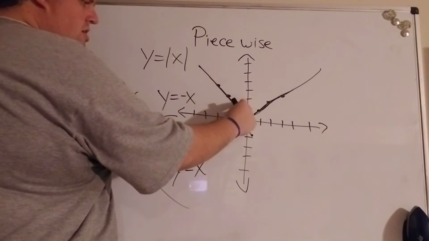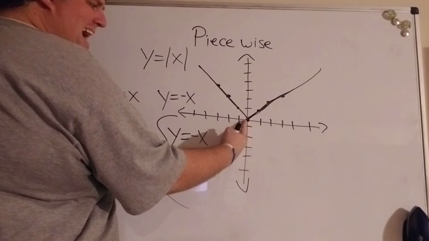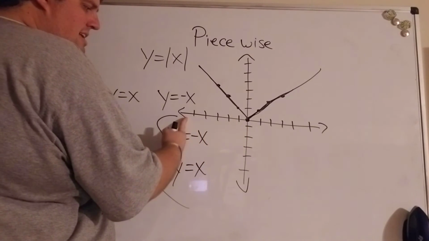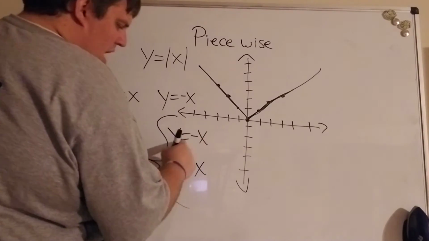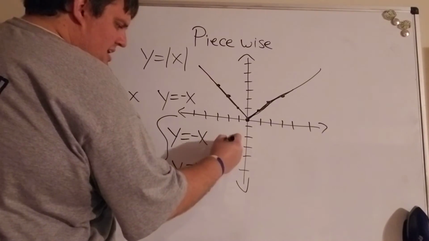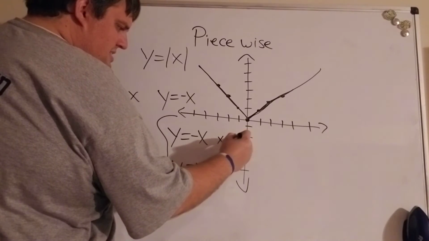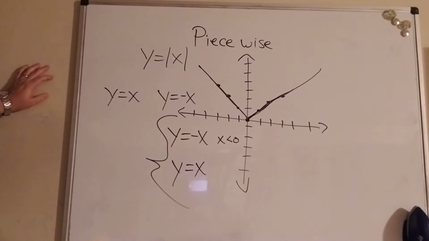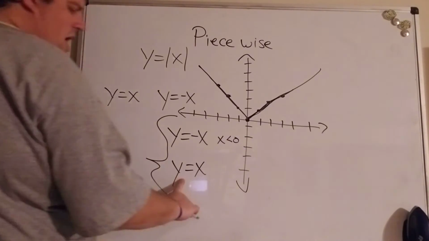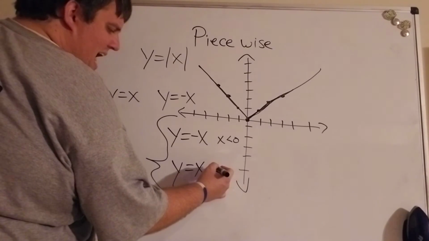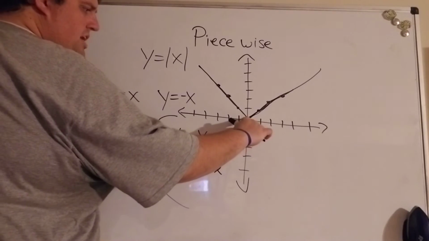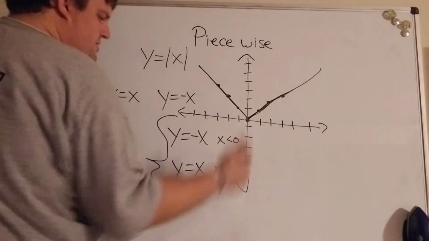Well, if we talk about our x's, it's when x is less than 0. So I'm going to write y equals negative x when x is less than 0, just like that. And then when is y equal to positive x? Well, that would be when x is the rest of them, greater than or equal to 0.